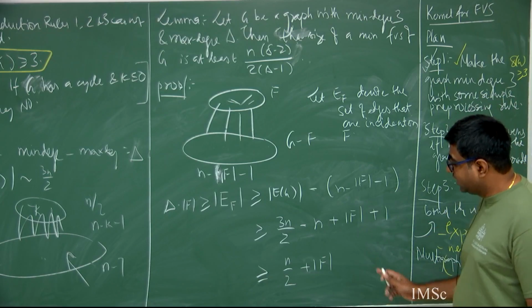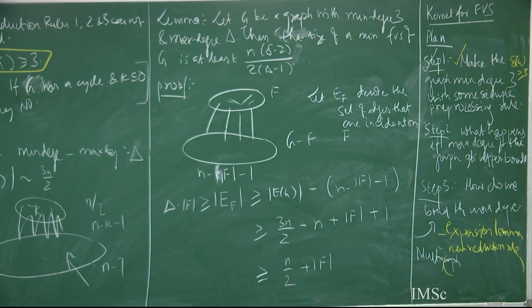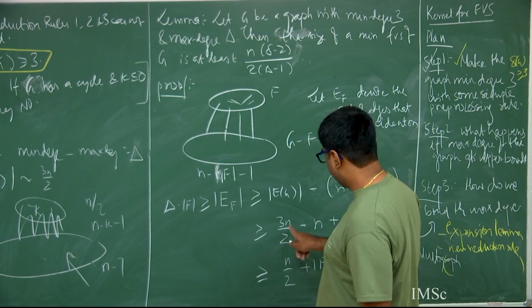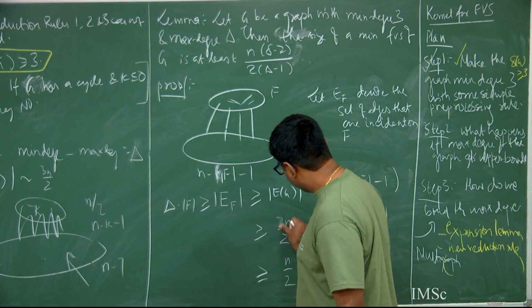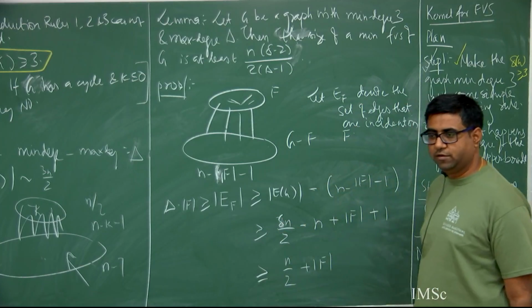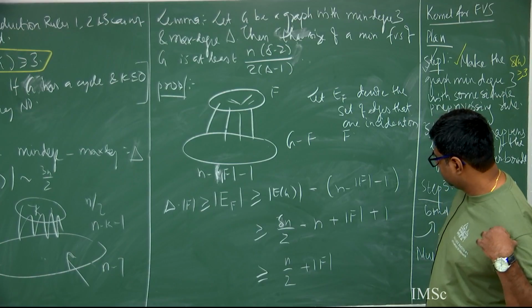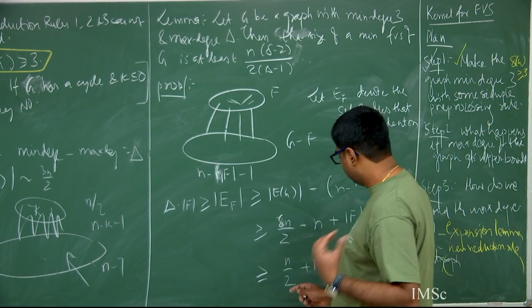So now I can take F to this side. Or rather than writing 3 here, I could have written delta, because the minimum degree of the graph is delta. So what should I write here?